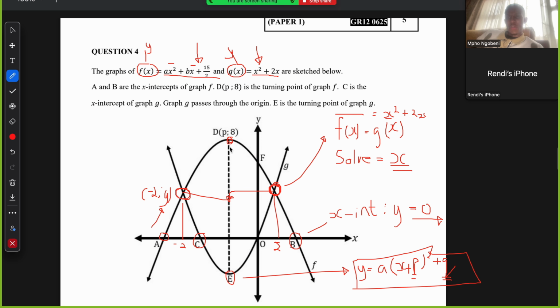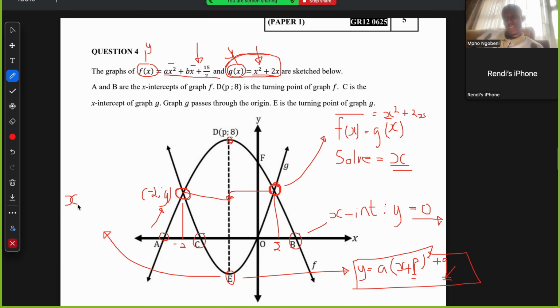But if now we don't have the turning points, like on E, but we are already given the equation, as you can see here, we are already given the equation, but we want the turning points. Then what's the formula? Minus b over 2a.